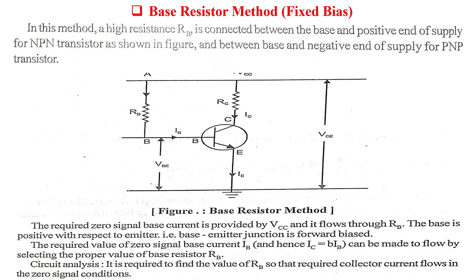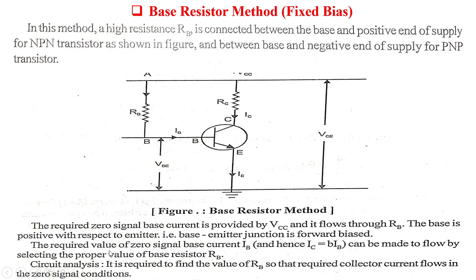In this method, a high resistance RB is connected between the base and the positive end of supply for an NPN transistor as shown in the figure, and between the base and the negative end of supply for a PNP transistor. The required zero signal base current is provided by VCC and flows through RB.